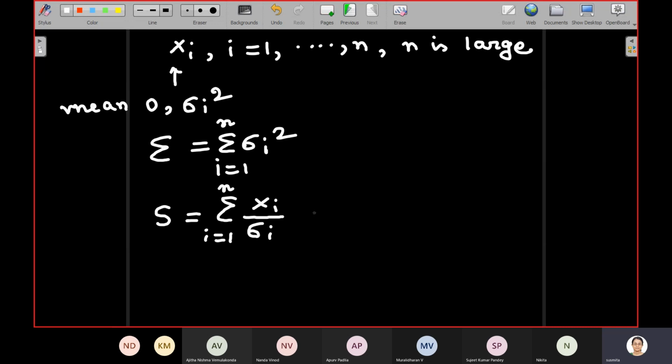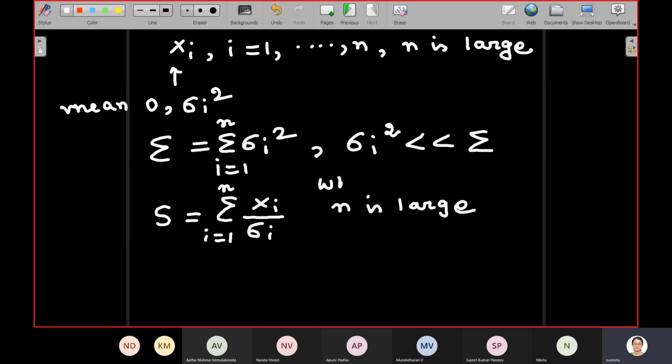Then it can be shown that when n is large, and this condition is also noted, the sum tends to have this distribution.